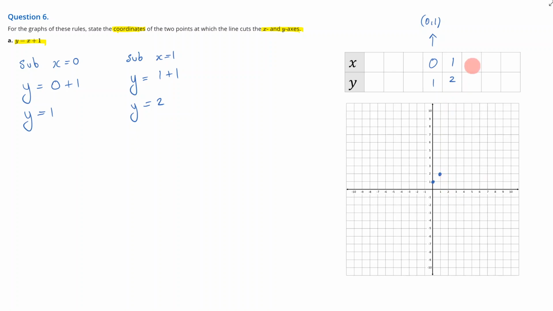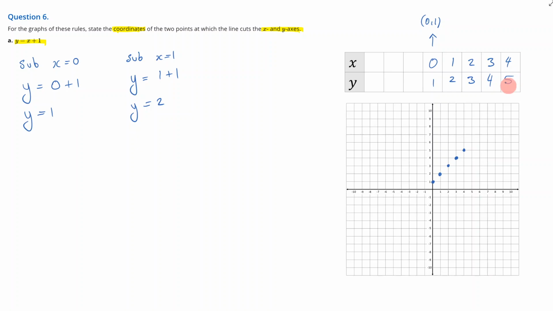And then we could keep on going. We could put 2 in next. When I sub 2 into this, I'm obviously going to get 3 out. So 2, 3. When I sub 3 in, well, 3 plus 1 is 4. So it's going to be 3, 4. And you could keep on going. You could sub in 4 next. 4 plus 1 is 5. So it'll be 4, 5.